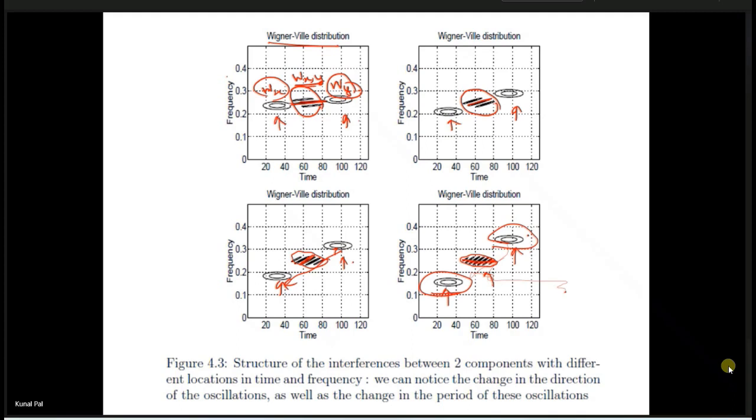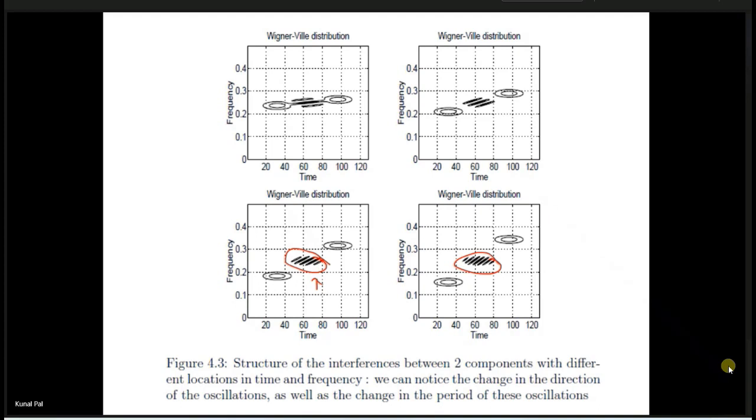So when you are using this Wigner-Ville distribution for the joint time frequency analysis of any given signal, you have to be careful and keep in mind that there would be some cross term effects which might hamper your analysis. Okay. But if you see the nature of these cross terms, they are quite regular. They will be coming as parallel stuff. Okay. And as we go far apart, the amplitude of these cross terms will be decreasing.